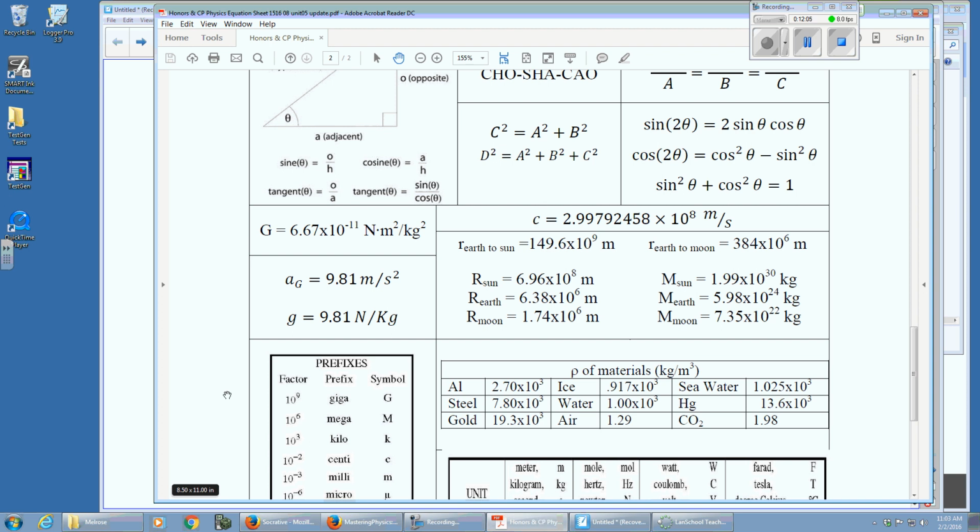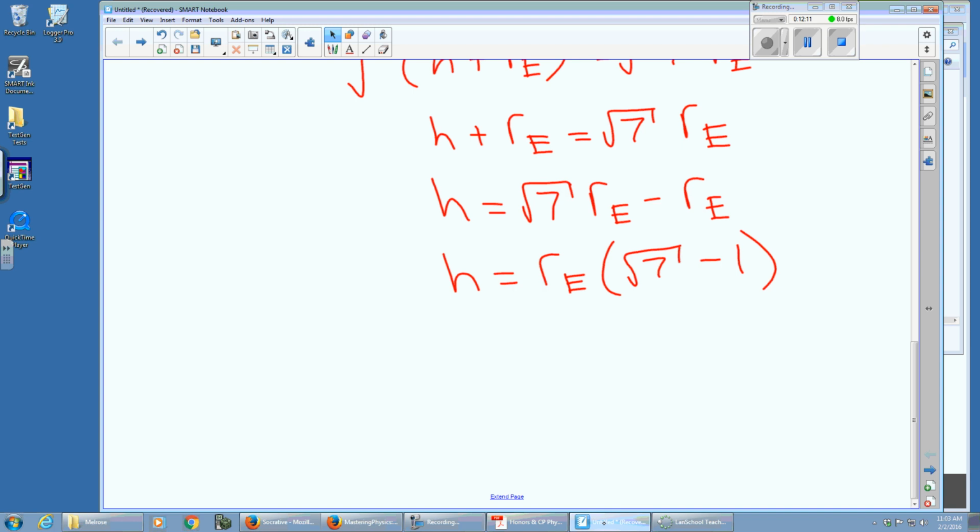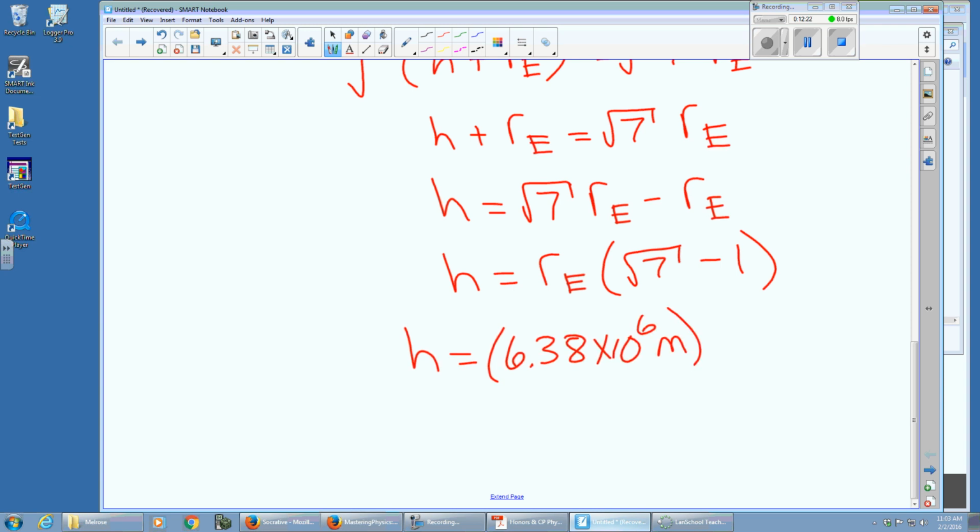Think I should use meters? Yeah, I think I should use meters. It's 6.38 times 10 to the 6th. So my h is going to be 6.38 times 10 to the 6th, so 1,000,000 meters, times square root of 7 minus 1.